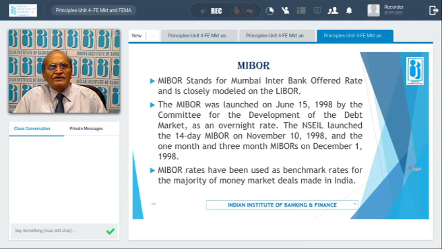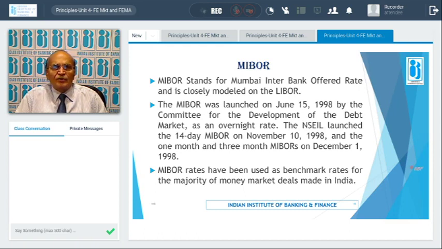There is another terminology which is very popular in India. It is called Mibor. Mibor stands for Mumbai Interbank Offered Rate and is closely modeled on the Libor. Mibor was launched on 15th June 1998 by the Committee for Development of the Debt Market as an overnight rate.